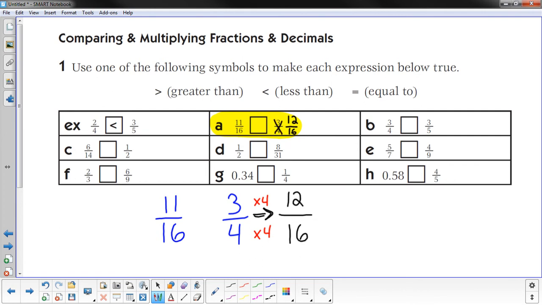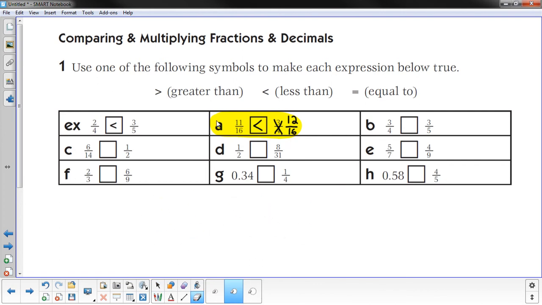And now I can see that 12/16 is greater than 11/16. So I would use this symbol here, like that. So that's one way to do these. I'll erase that. Put my little symbol back up there. So 11/16 is less than 3/4.